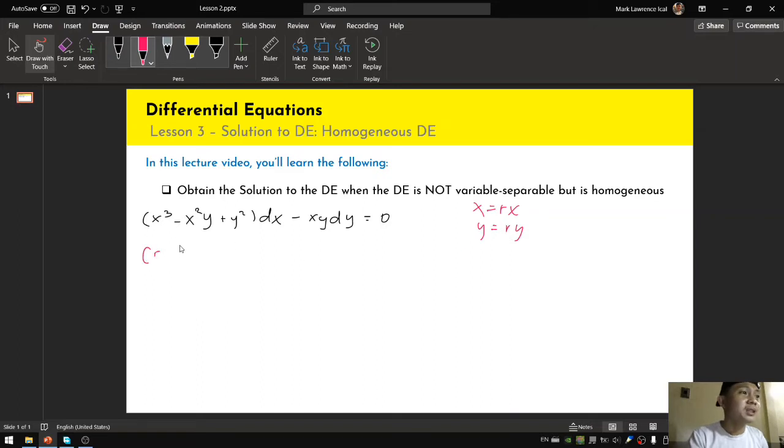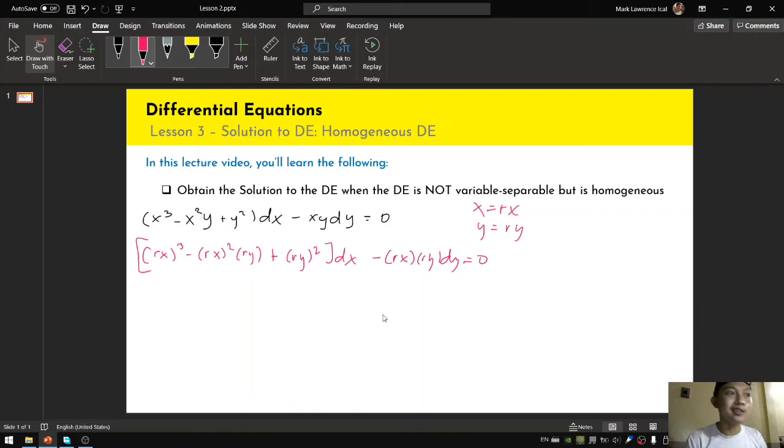Okay? So it's gonna be Rx cubed minus, sorry, Rx squared, we have Ry plus Ry squared dx minus Rx Ry dy equals 0.